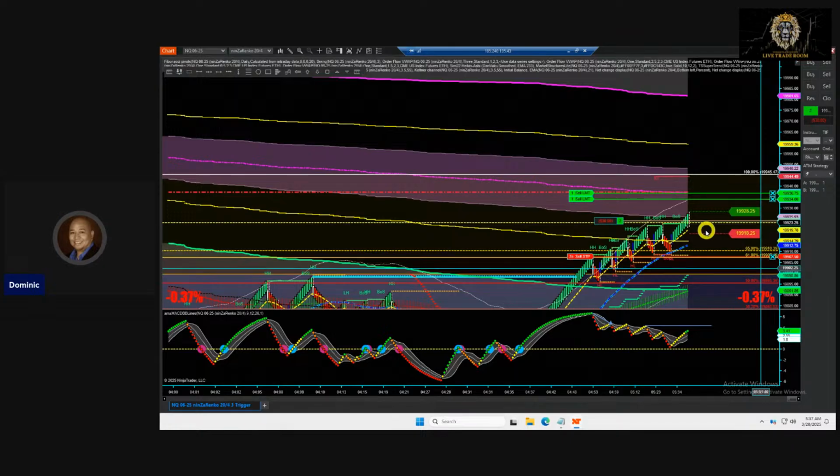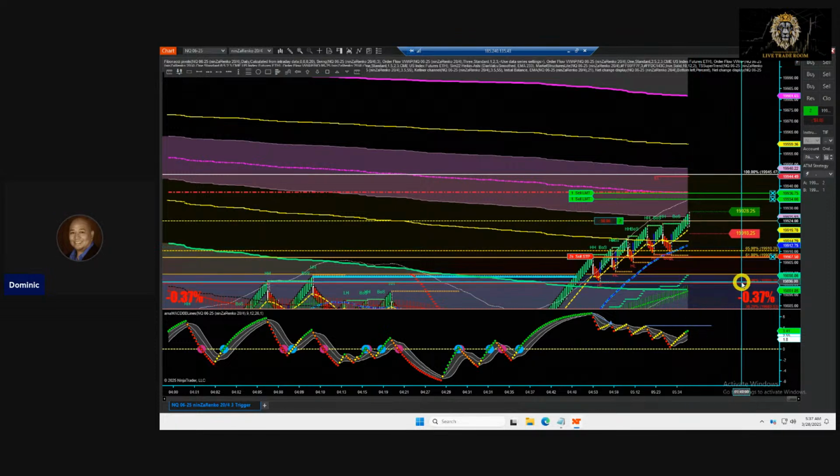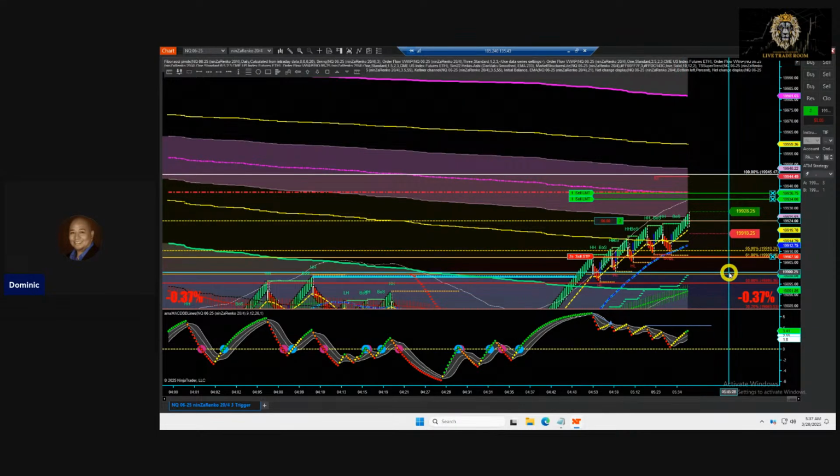This may also try to test again the mid band of this Keltner channel. But you already have a bounce off right here. So hopefully it just continues going up to the outer band. At the most, I'll give this until 6 a.m. Eastern, 6 p.m. in the Philippines. I'll just quit.